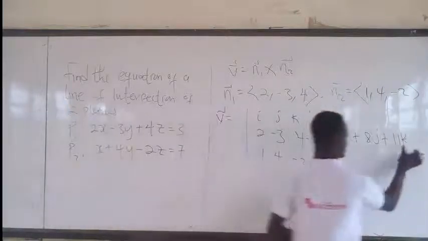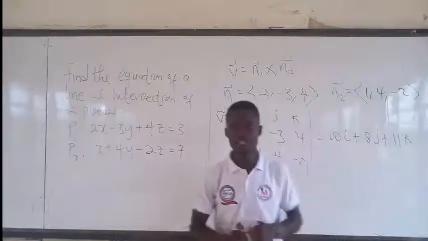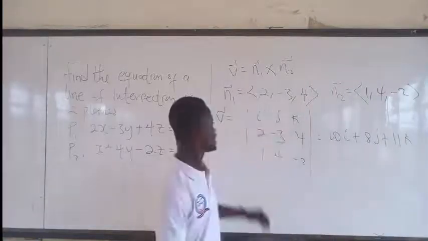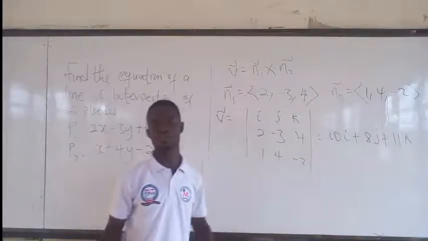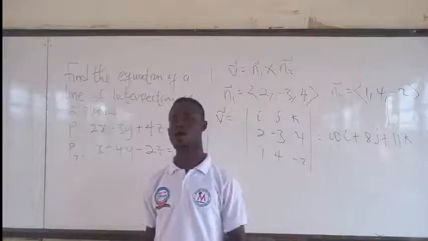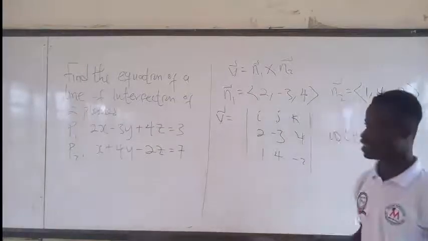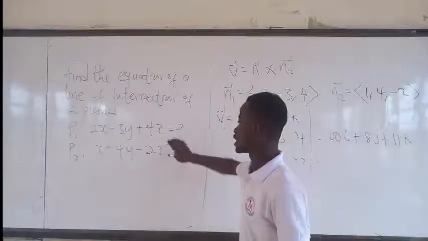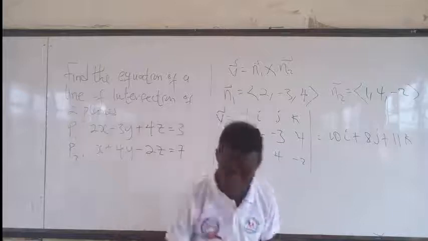You get that. So now, this new vector that we have in here is the vector from a direction. So now that we have the vector from the direction, how are we going to get the point, that is the initial point, in order for us to get the equation of the line?